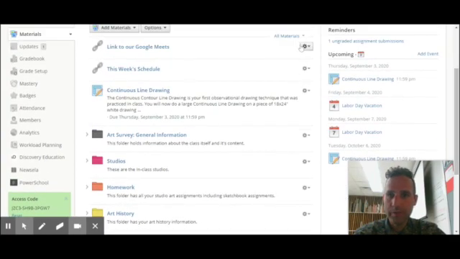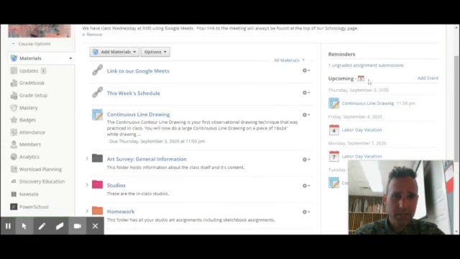It will always be this way: the two links at the top to our Google Meets and to our weekly schedule, and then below that the assignments that are due for the week. As the students click on them and do them, once they are finished, they are filed away into the appropriate folders. On the right-hand side here, we have a calendar that you can utilize.